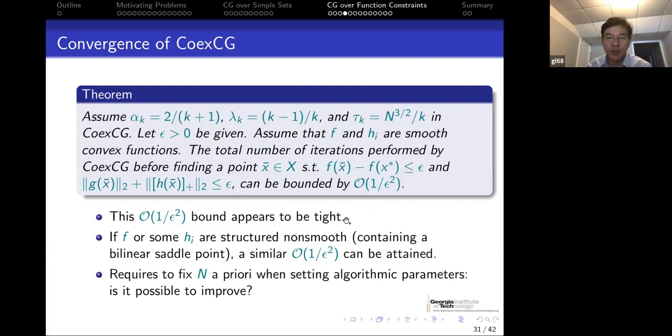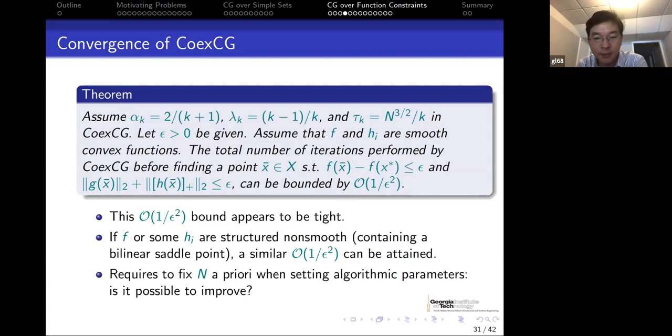What is interesting is that even though the basic result requires both f and h_i to be smooth convex functions, even if your functions f and h_i are not smooth, but they allow a smooth approximation, then a similar order 1/epsilon^2 can still be obtained.